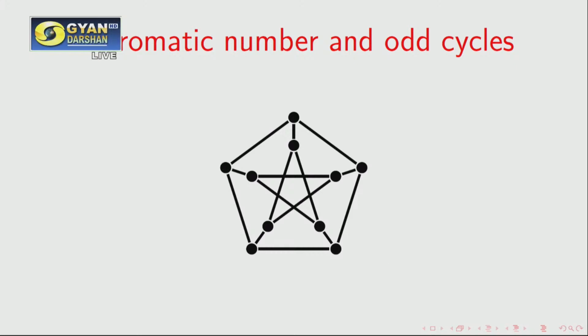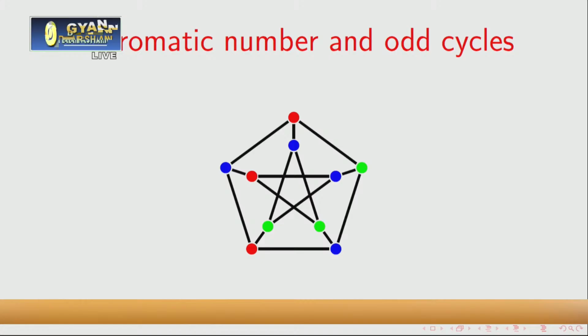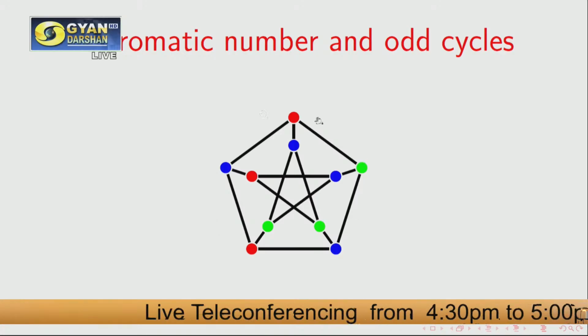So let's now color it. After coloring this, we just get this one. So we have just used 3 colors here also, red, green and blue. It is just a matter of simple verification that this coloring is actually a valid coloring.